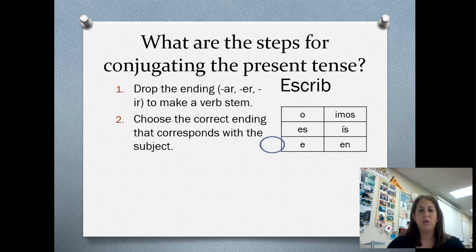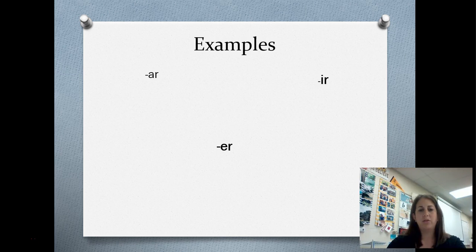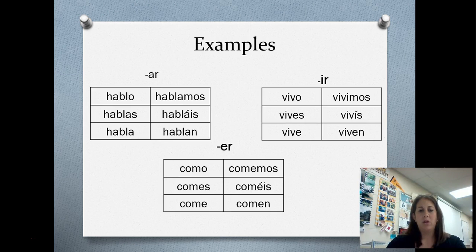So then we're going to choose the E. And then finally we're going to add that ending to the verb stem. So escribe. So the word escribe in Spanish could mean that he writes, like he is writing his paper tomorrow, or he does write, or if you're going to ask a question, does he write? And that's it.